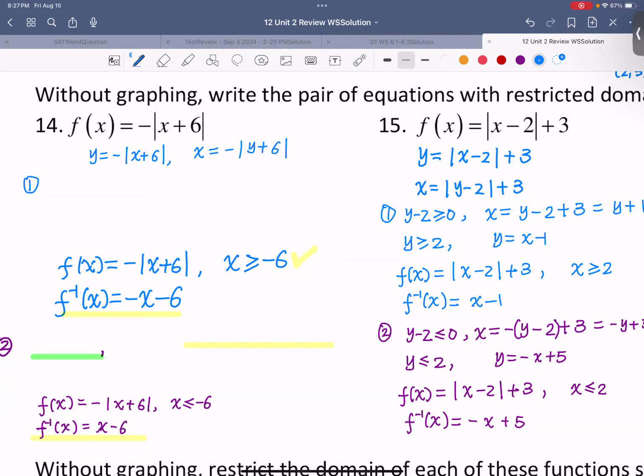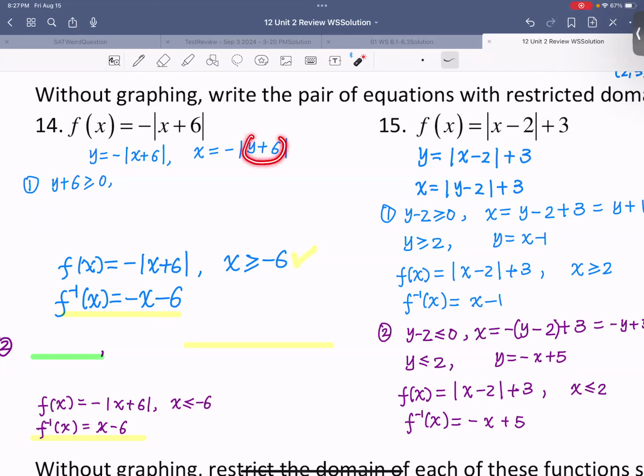Okay? And then we cannot take this away until we know the part inside is positive or negative, right? Okay. So we will say y plus 6 is greater than or equal to 0.